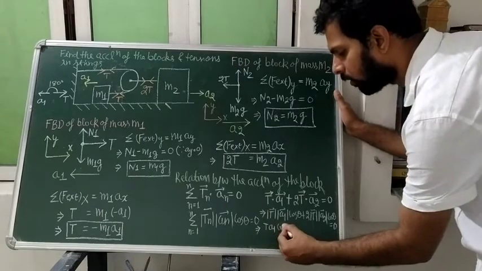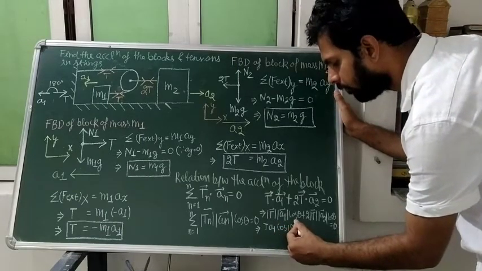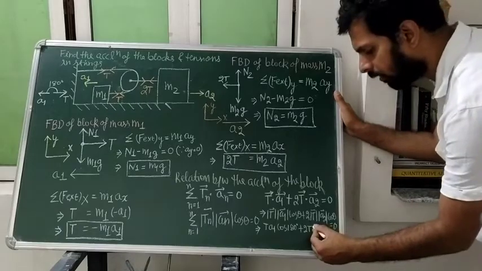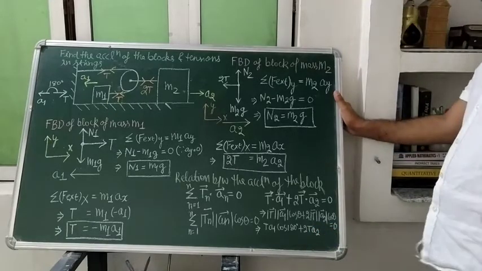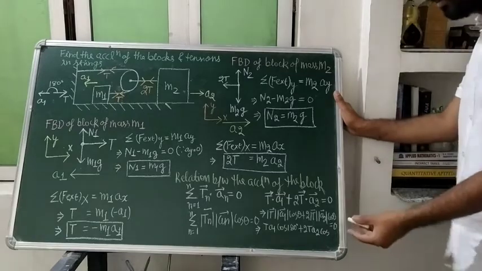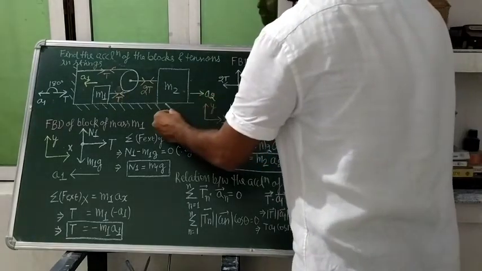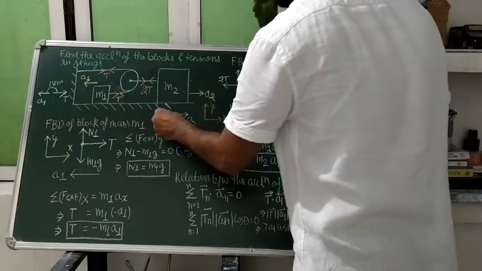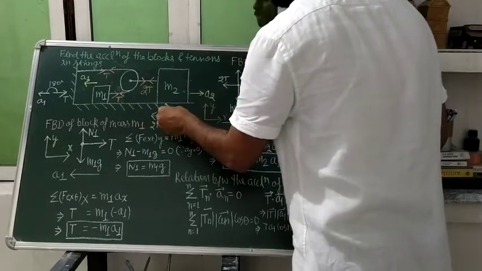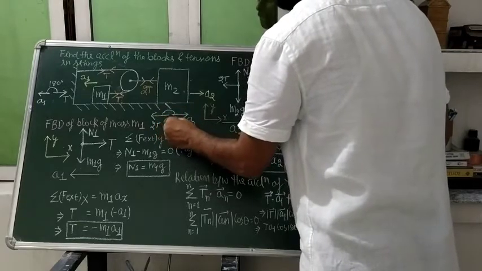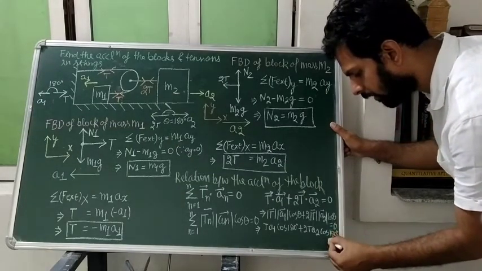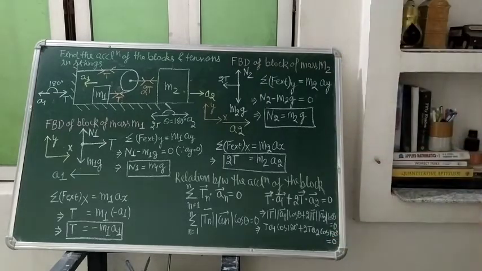So here you write cos 180, plus twice T times A2, and here also A2 is acting in this direction and the tension 2T in the opposite one, so theta is equal to 180 degrees.